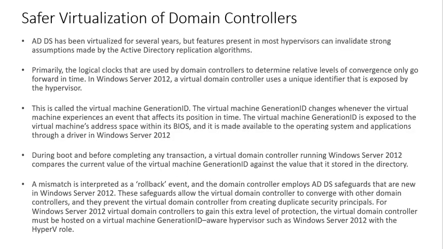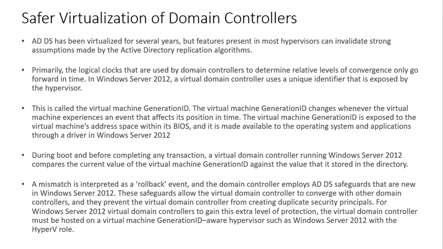Now, virtualization of domain controllers. ADDS has been virtualized for several years, but features present in most hypervisors can invalidate strong assumptions made by the AD replication algorithm, primarily the logical clock that is used by the domain controller to determine relative levels of convergence, which only moves forward in time. In 2012, a virtual domain controller uses a unique identifier that is exposed by the hypervisor.